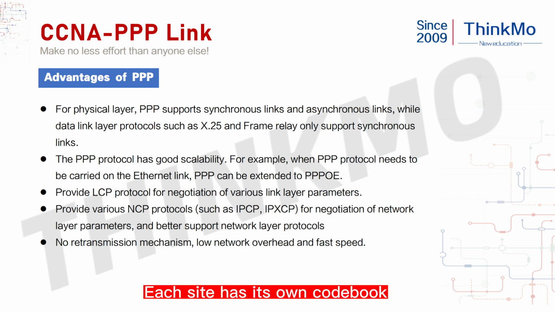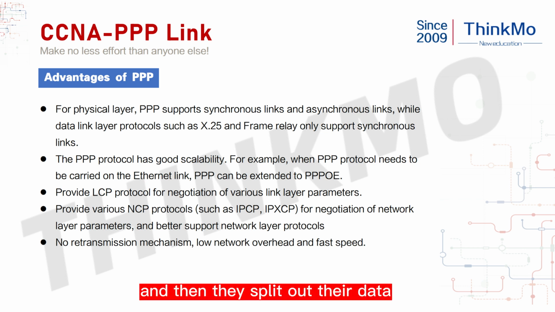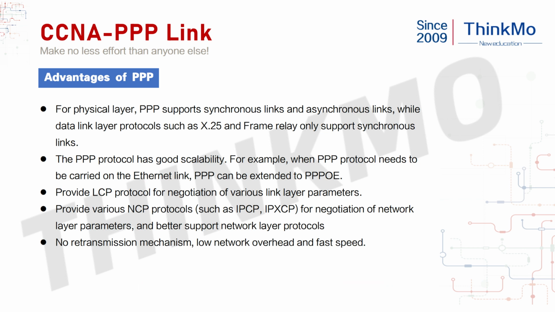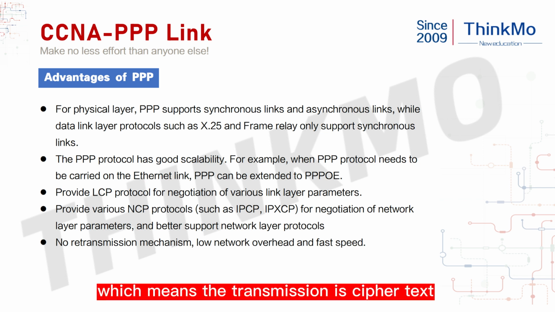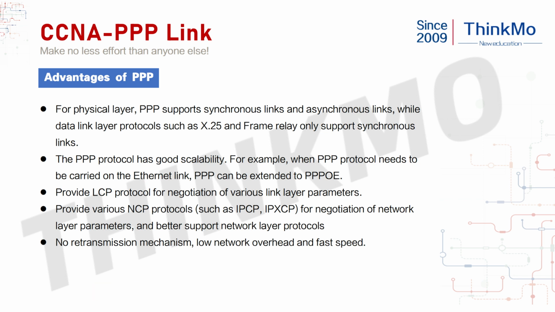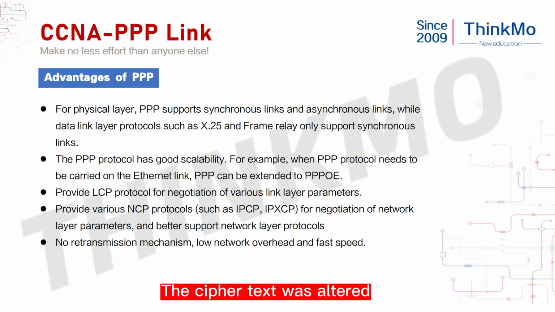Each side has its own code book, and the data is altered and shown in another form, which means the transmission is ciphertext. You must have a code book before you can restore it. In this case we call it ciphertext. That's the concept of the authentication mode.